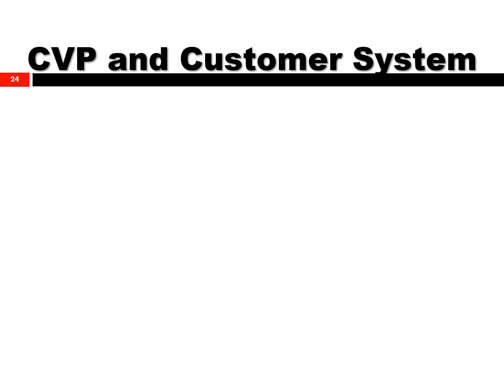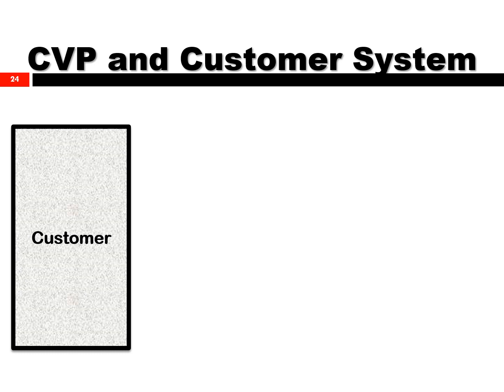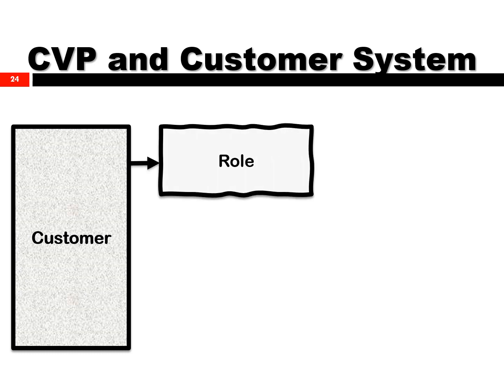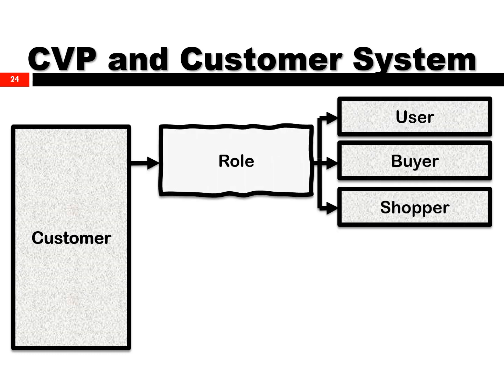So what is the system of it? A customer might have different roles. Your customer might be a user: I profit from your product. The customer might be a buyer: I pay, but I don't use. For example, I'm a parent.